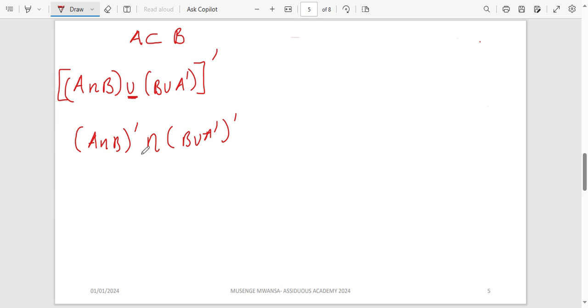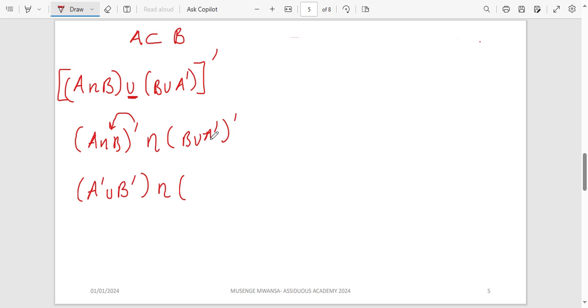Good. Let me write this one the same way. It is A intersection B with a complement and then intersection. I'm going to distribute the complements on both sides. So this complement I'll distribute to the inside, so I'm going to end up with A complement. What happens to the sign? It is union now, B complement. And then here we still have intersection.